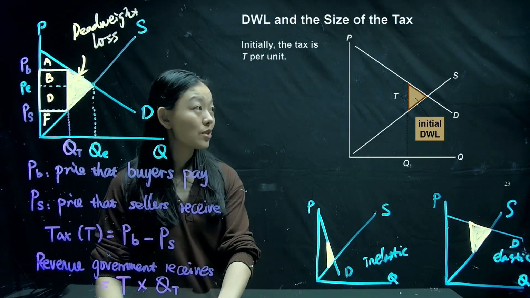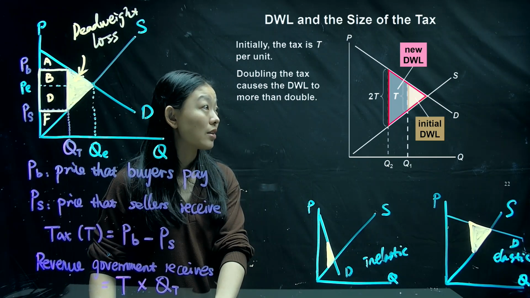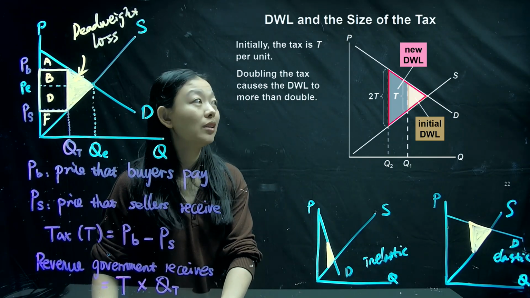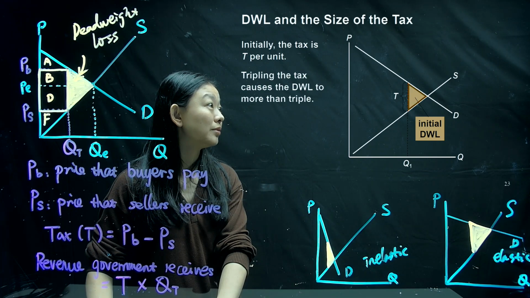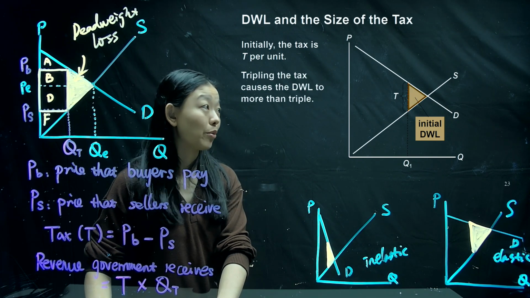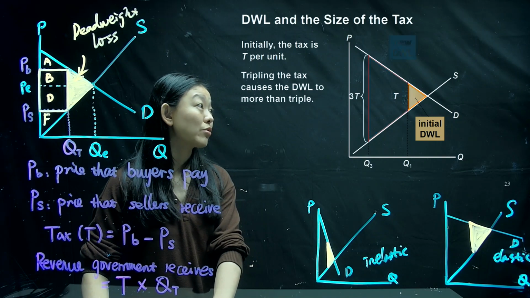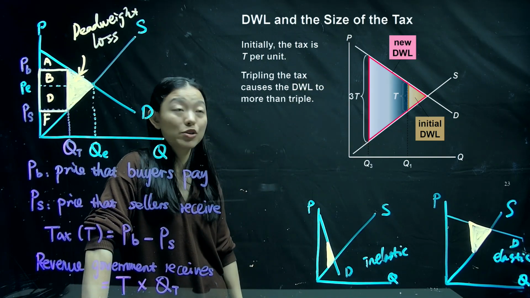So this is what we have, okay? Doubling the tax rate will actually cause the deadweight loss to more than double. Now, if the government tries to triple the tax rate, what happens? It will increase the deadweight loss much, much larger.